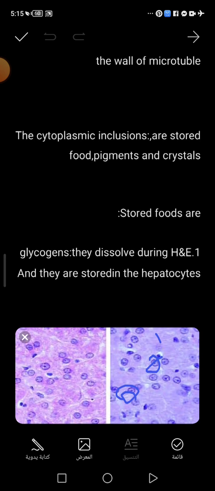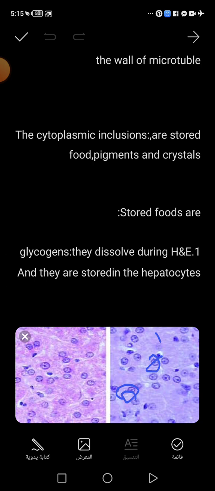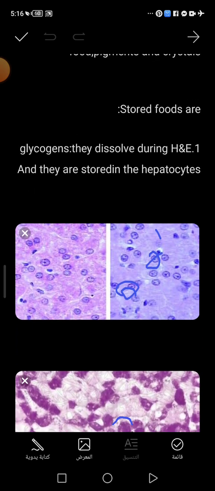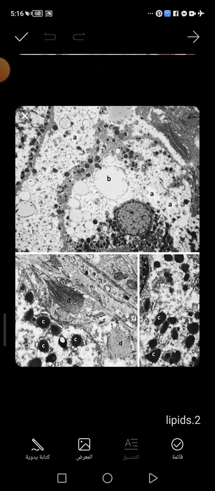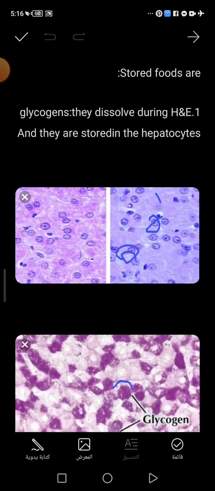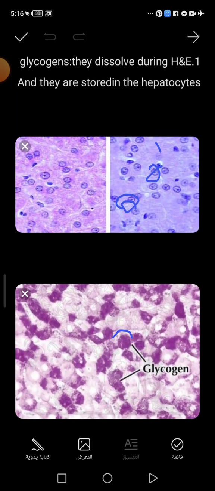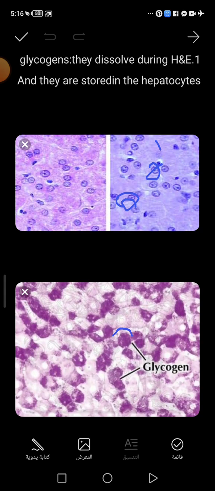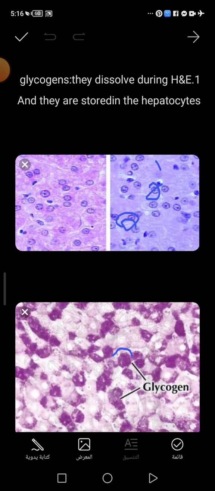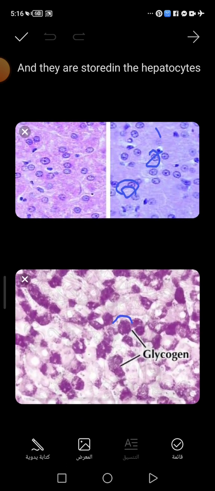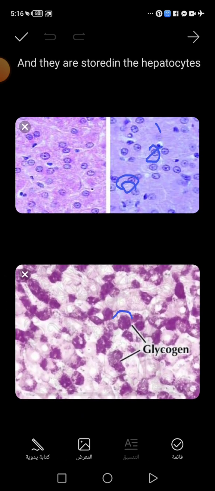Stored foods are glycogen. Glycogen is stored in the hepatocytes, the liver cells. Hepatocytes are liver cells. Chondrocytes are cartilage cells. You should know those.